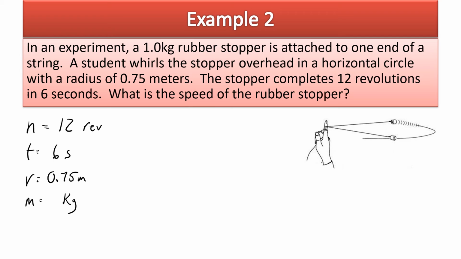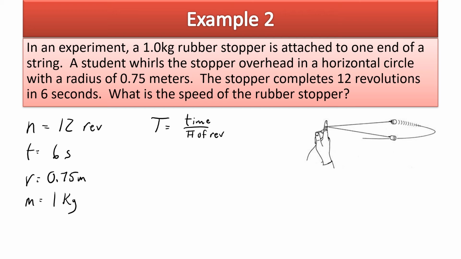Okay. So we need to know what the period is, because it's moving in a circle, so that's 2 pi r, but we don't know the time for one circle. We need to figure out what the time for one circle is, the period. So we'll start by going, the period is equal to the time divided by the number of revolutions.